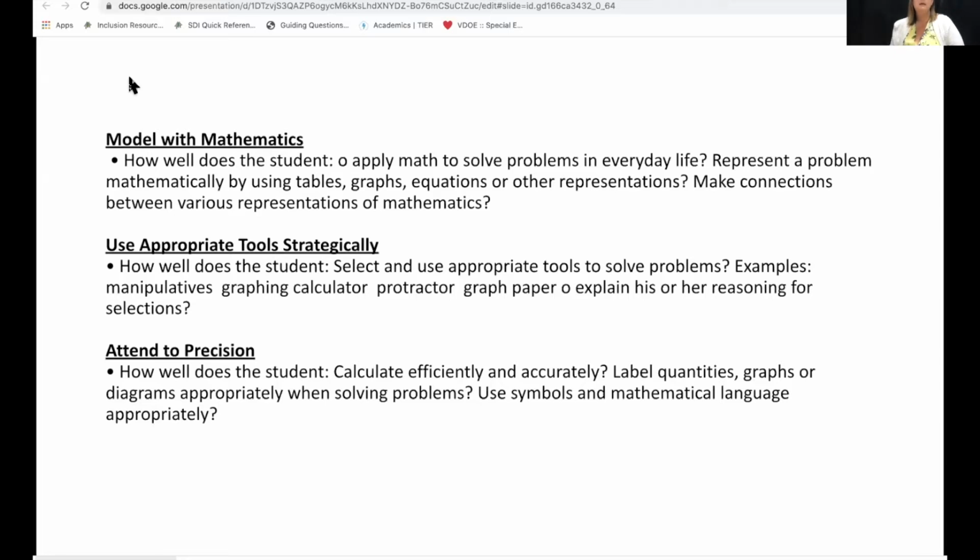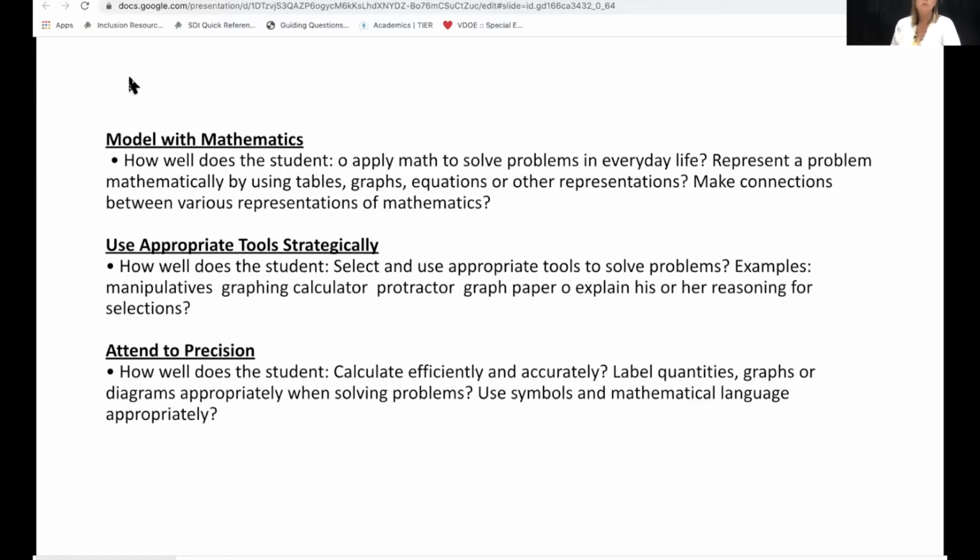So we need to think about, how do I teach them to use the appropriate tools? So how do I get them to understand when to use the graphic calculator, when to use a protractor, when to use certain manipulatives, how to use the number line? Those kind of questions are what we're wanting to ask ourselves when we're looking through this.